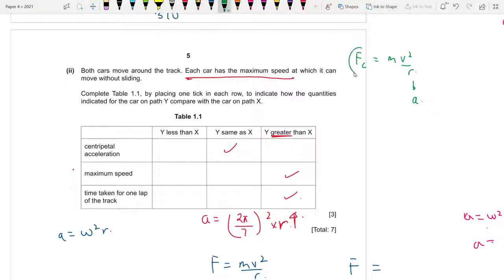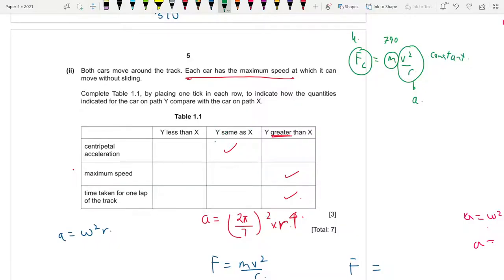So since the value of centripetal force is constant and both of the cars have a mass of 790 kg, which is also constant, the value of centripetal acceleration must also be constant, right? Since mass and centripetal force are constant, friction are constant, right? So centripetal acceleration is also constant. That's why the first tick mark is here.